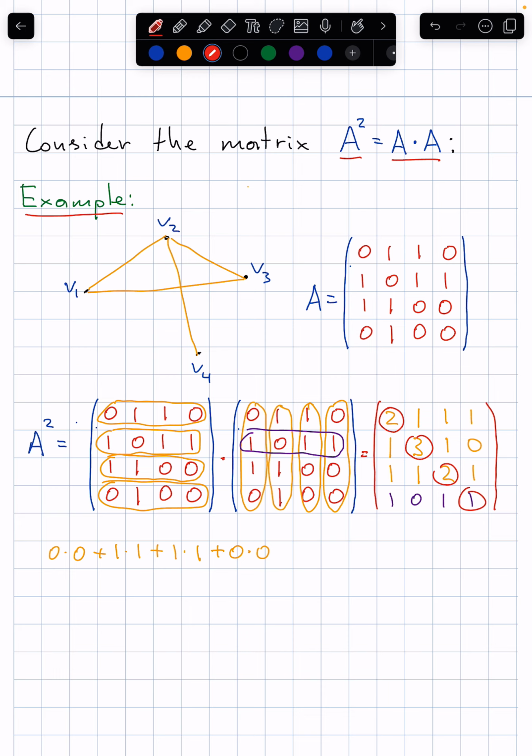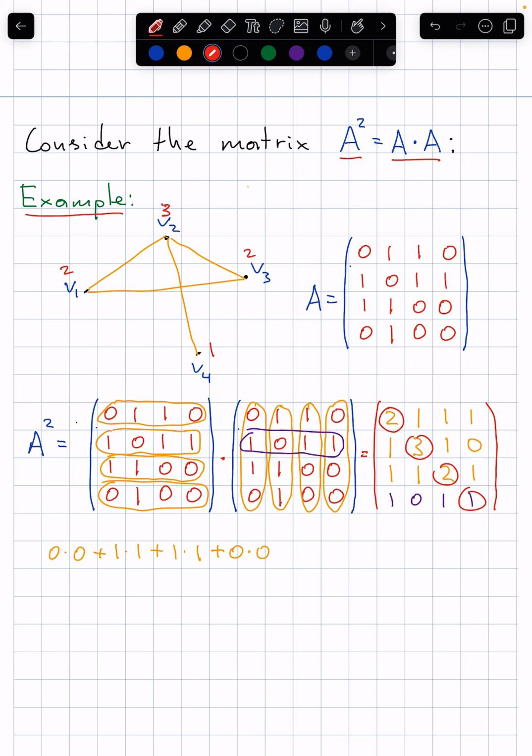So the first vertex has degree 2, the second vertex has degree 3, the third vertex has degree 2, and the fourth vertex has degree 1. 2, 3, 2, 1. Those are exactly the elements on the diagonal.